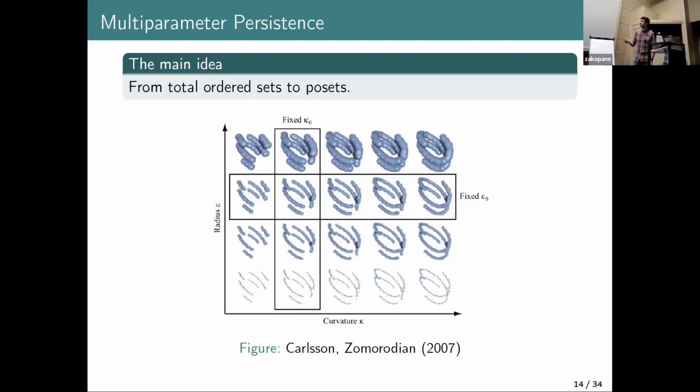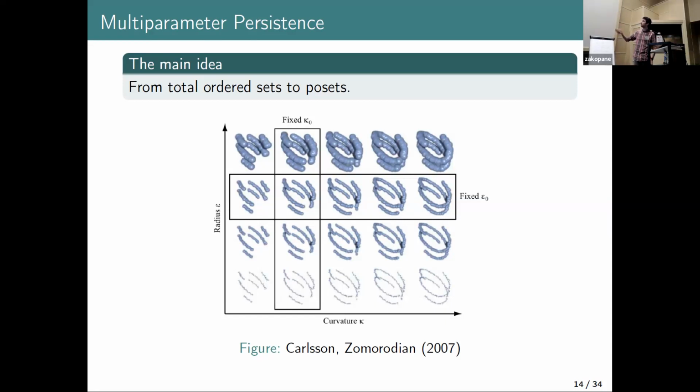So for example, here you have another nice picture that I always steal from the original Carlsson and Zomorodian paper. What if you consider a family of complexes that are not indexed by just the radius or the connectivity radius, but also by the curvature here.